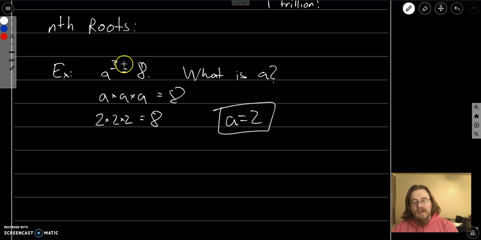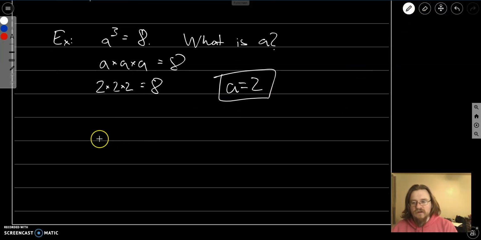So this I got because I just happen to know that 2 times 2 times 2 is 8. But there is a more mathematical way to arrive at this. So let's start over. Let's say that I have A to the 3rd power is equal to 8. What I want to do is just get an A. I don't want A to the 3rd power, I just want A. So how do I get rid of this 3rd power up here?